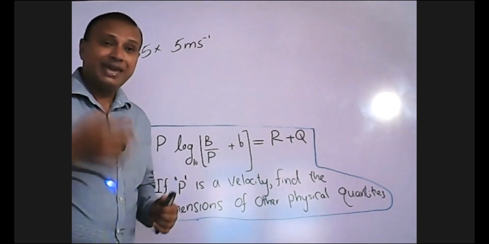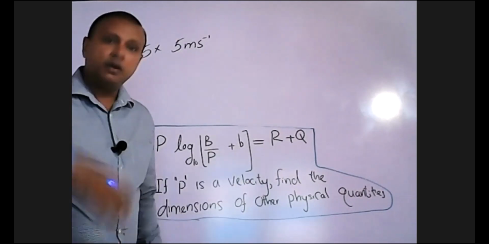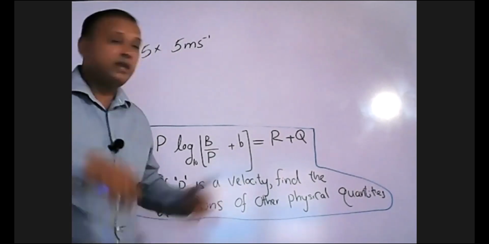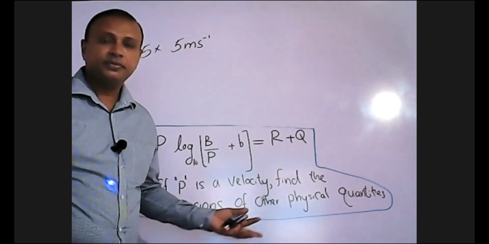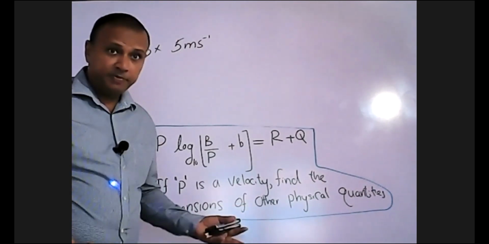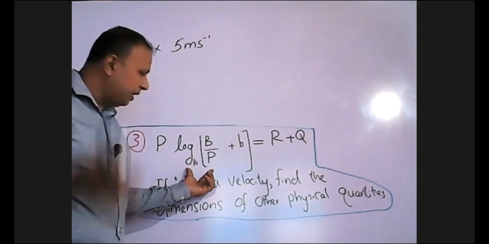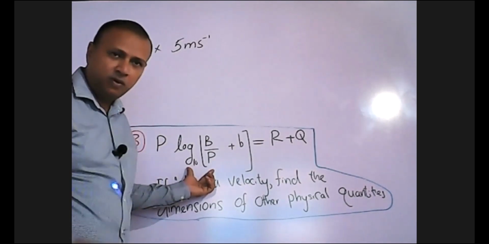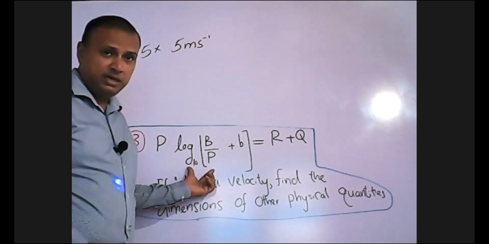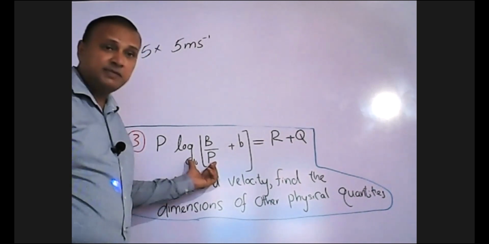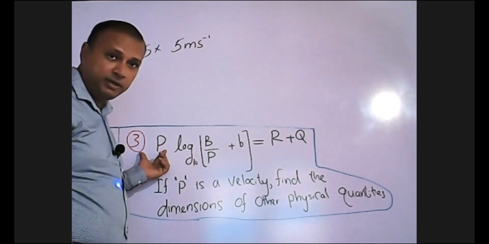So we can multiply any physical quantity by a number or by any physical quantity. That doesn't matter. This is just a number, 5 or 10 or 6 or 4. So this number is multiplied by a physical quantity.